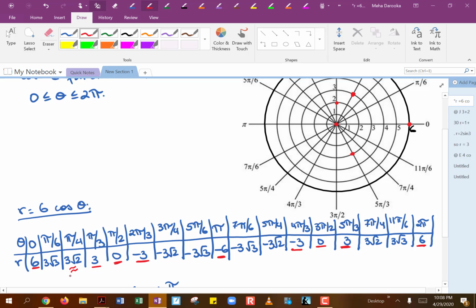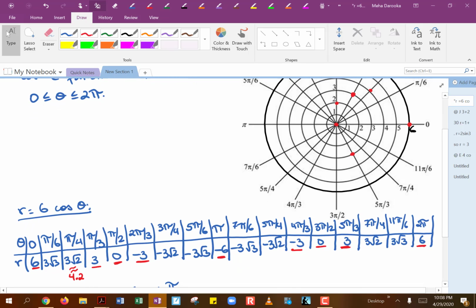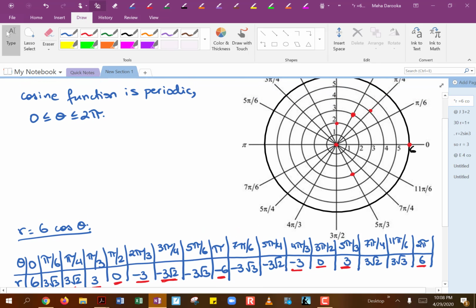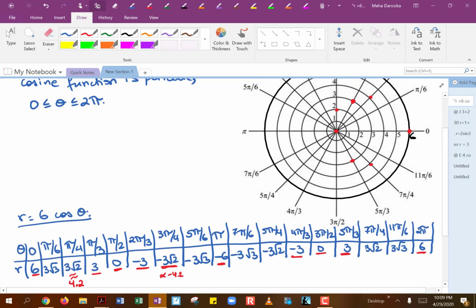And this is approximately 4.2 at pi over 4. 4.2 would be somewhere over here. And then let's see, 3 pi over 4 would also be at negative 3 square root of 2. So this guy would be negative 4.2.